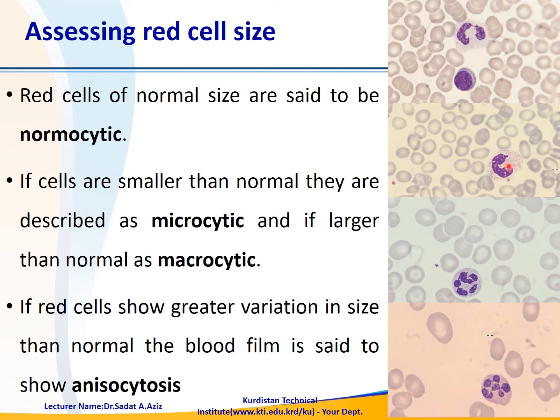Microcytic, micro means small, so the cells have a smaller size compared to the normal cells. While if the cells have a larger size compared to the normal cells, they can be defined as macrocytic. Macro means large, so the cells have a larger size compared to the normal cells.